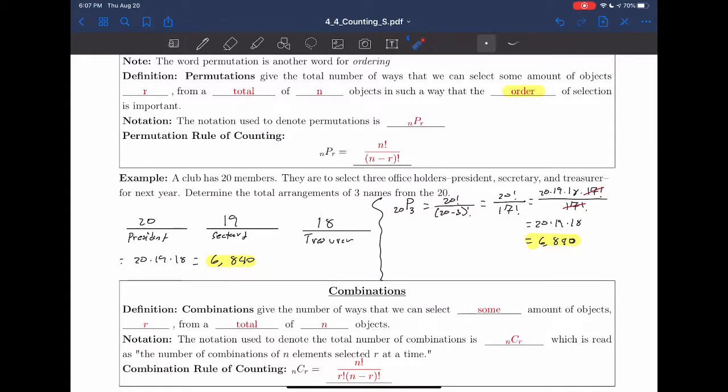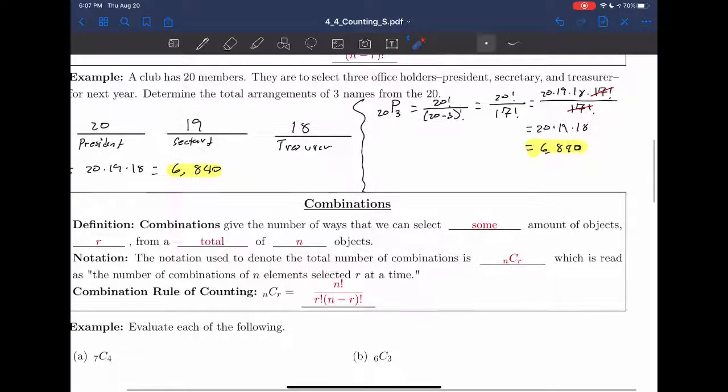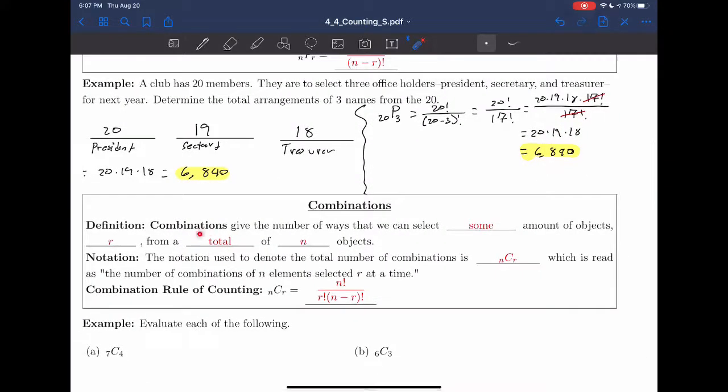But what if order doesn't matter? Well, then we use something called combinations. So here, a combination gives the number of ways that we can select some amount of objects r from a total of n objects. And again, with combinations, order doesn't matter. The notation that we use is nCr, little n, big C, little r.